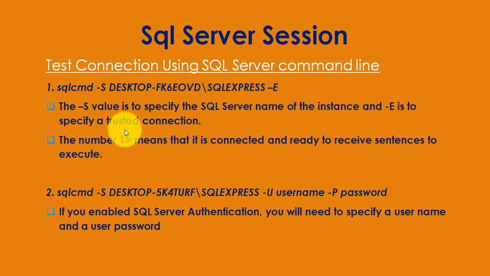S is used to specify the SQL Server name of the instance, and -E is to specify a trusted connection. The 1 and angle bracket means it is connected properly and ready to receive statements to execute. I already told you, using the SQL command line tool, how to set the database name and how to execute a query successfully.